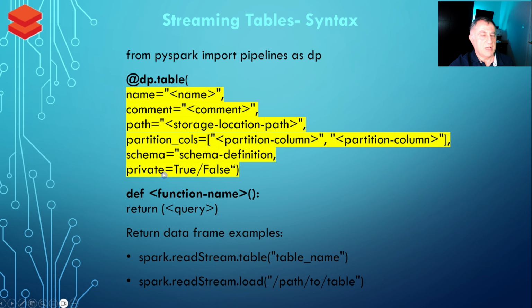Finally, the private attribute decides if you want to create a permanent object versus a temporary object that will live only during execution of your pipeline. If you set it to true, then the streaming table will not be created as a permanent object in your Unity Catalog. The default value for this attribute is false.